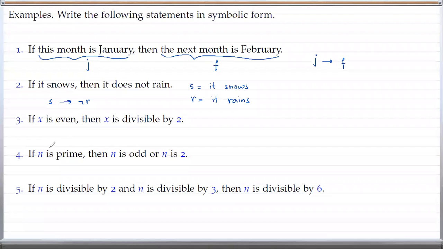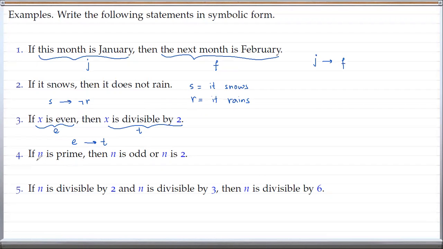Let's look at the next one now. If X is even, then X is divisible by 2. This one is also quite straightforward. I can just let this be E, and the statement that X is divisible by 2 to be T. Then we have E implies T. The next one we have: if N is prime, then N is odd or N is 2.